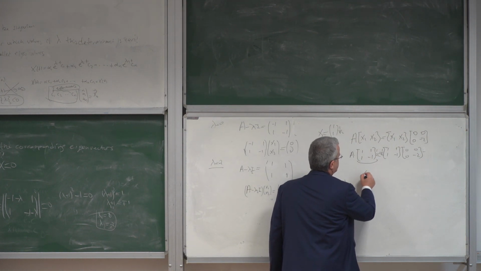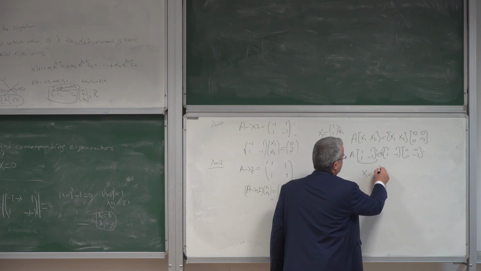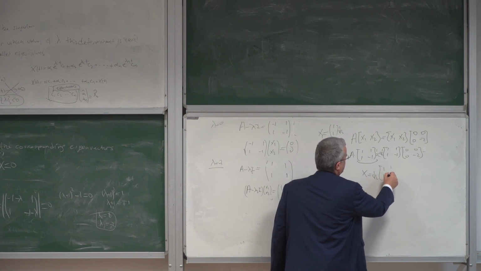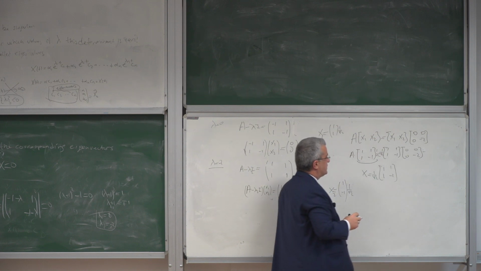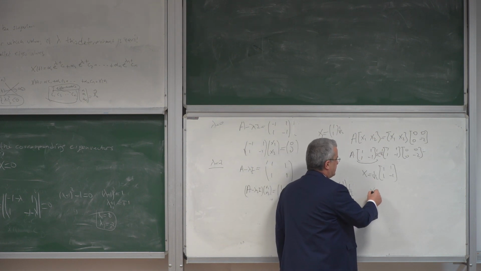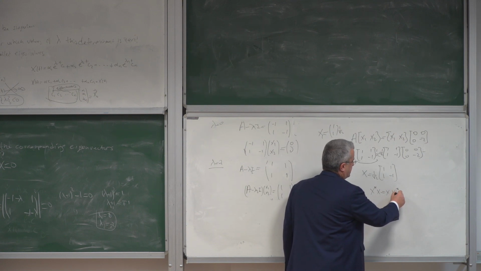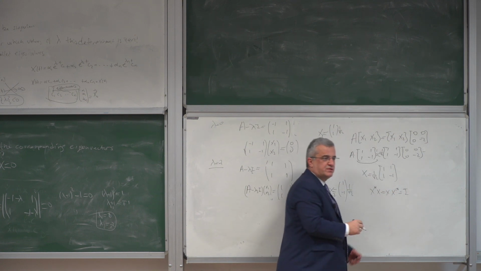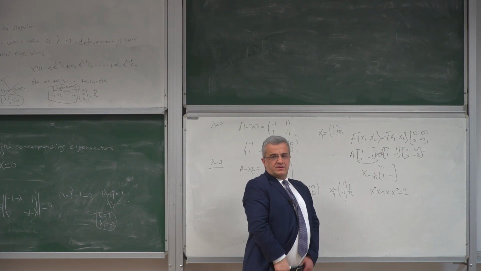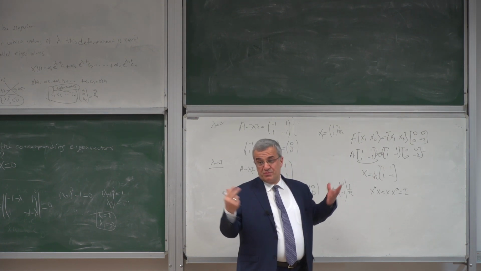Let's call this X equal to 1 over square root of 2 times 1, 1, 1, minus 1. So X star X is equal to identity, of course, since this happens to be a Hermitian matrix.